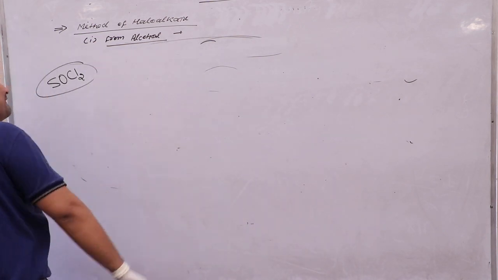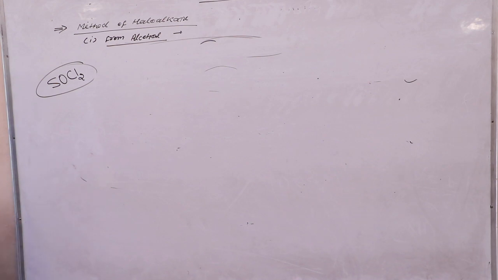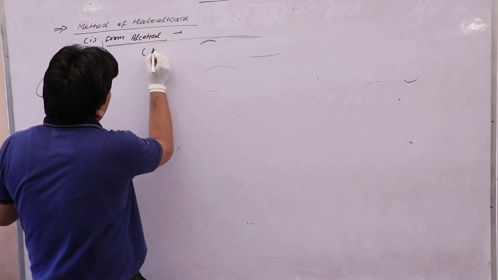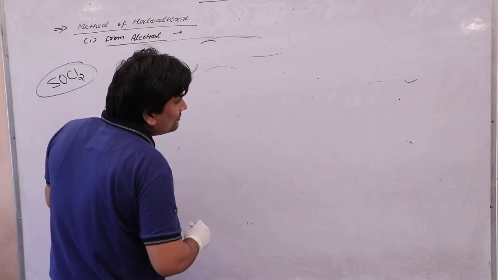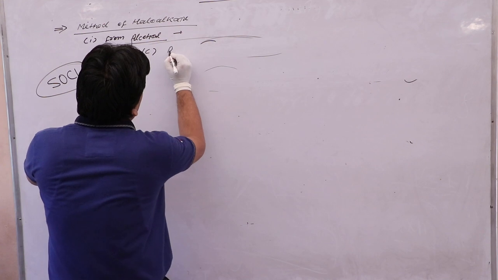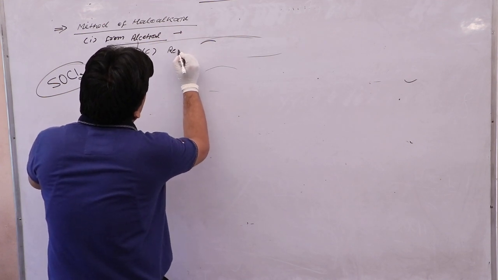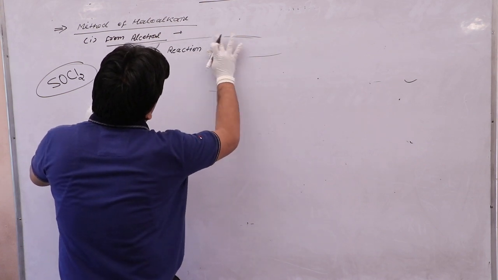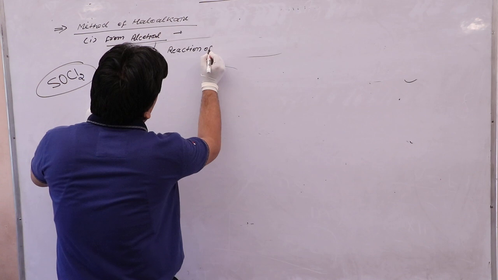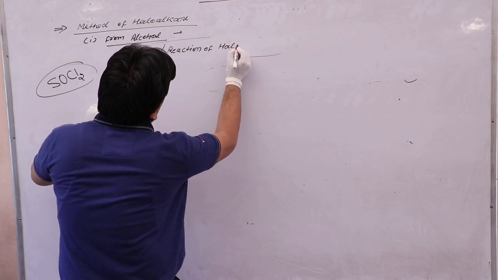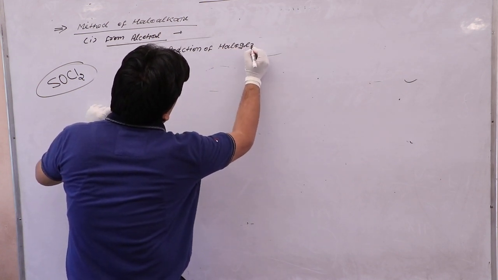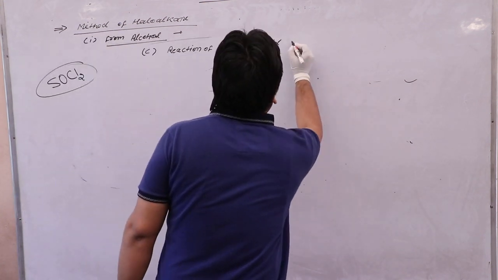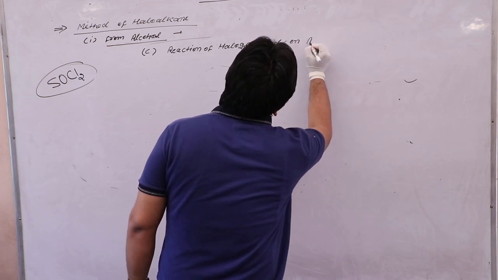Next reaction, we will see the reaction of halogen acid on alcohol.